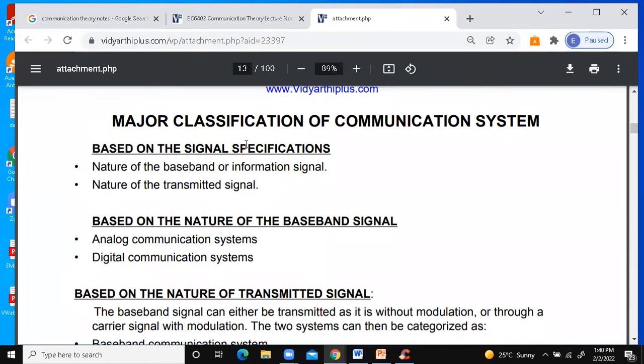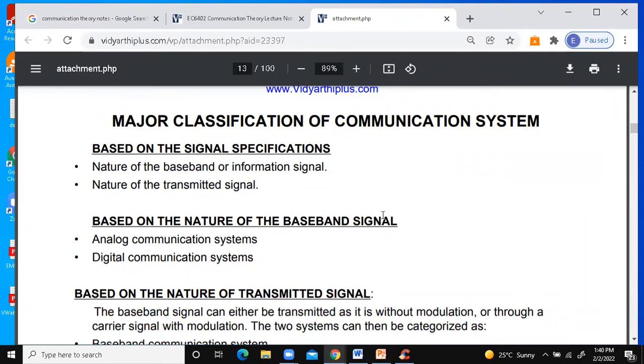So we classify systems based on the signal specification, and we classify systems based on the nature of the baseband signal, whether it's analog or digital.